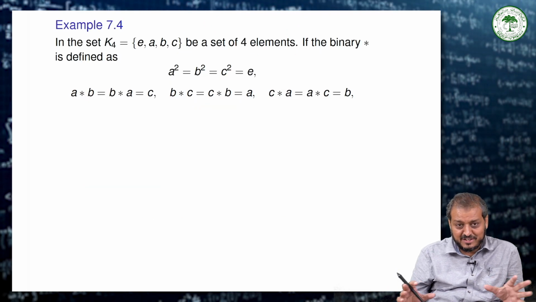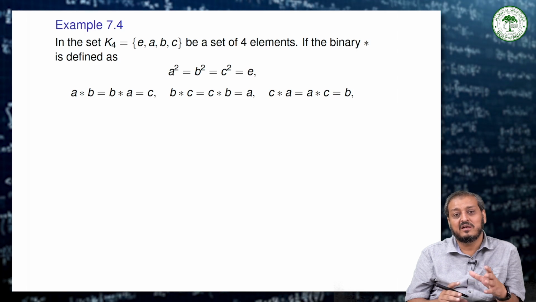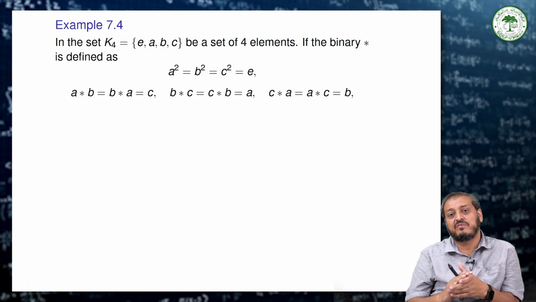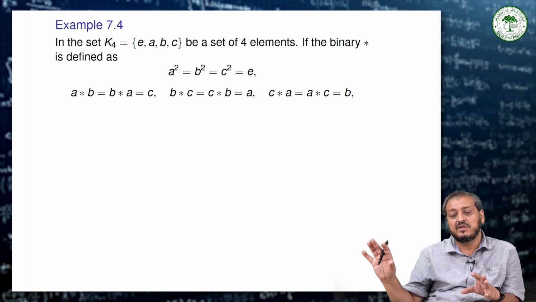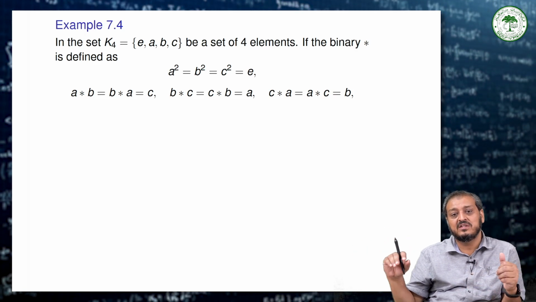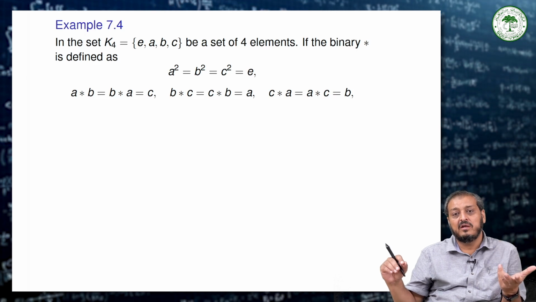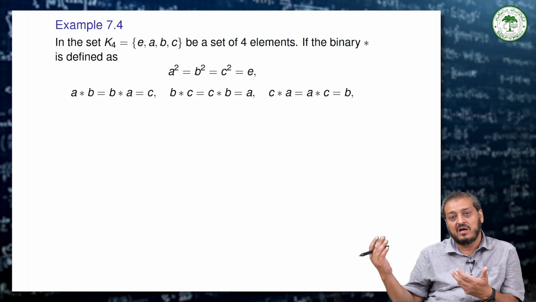Now I will give another interesting example of a finite group, which has 4 elements, and we have to define a binary operation. If we take the square of each element, it gives the identity.